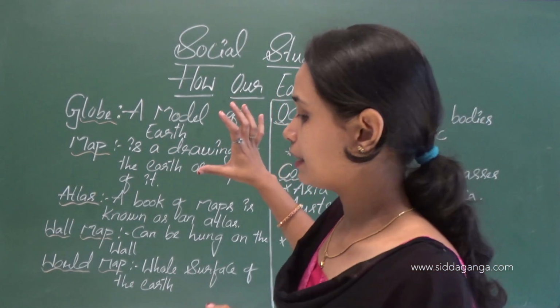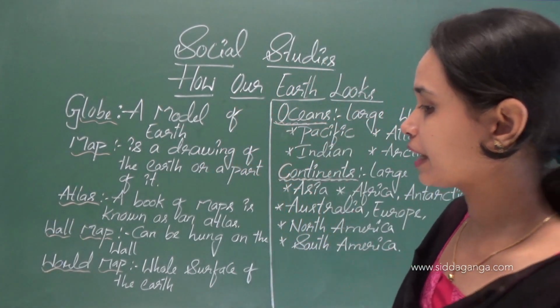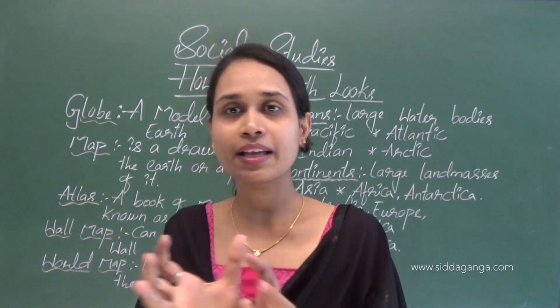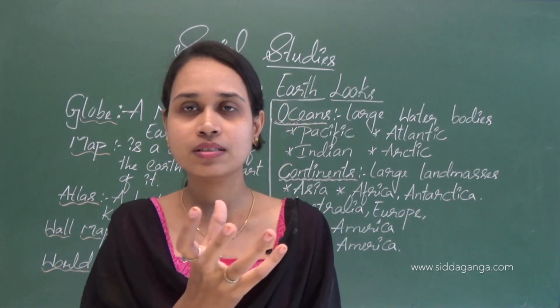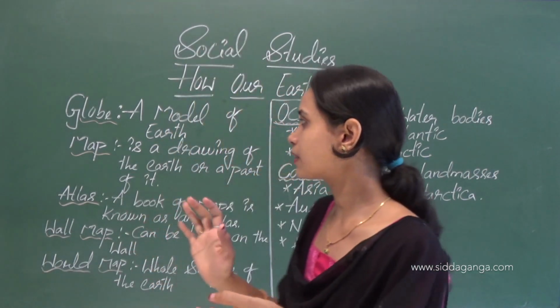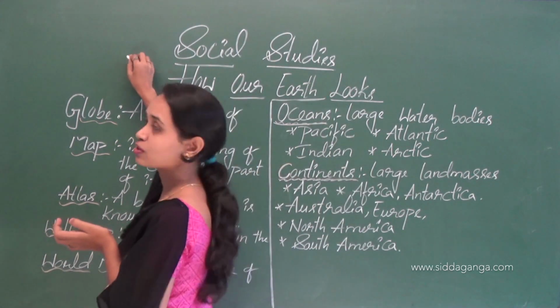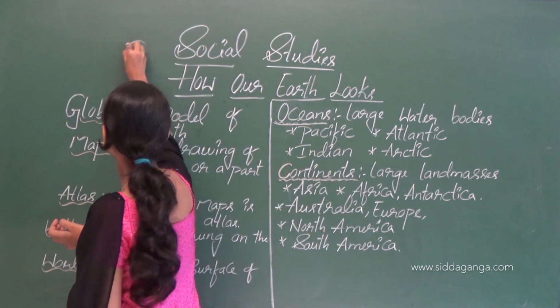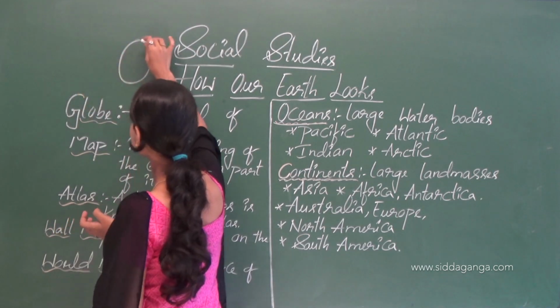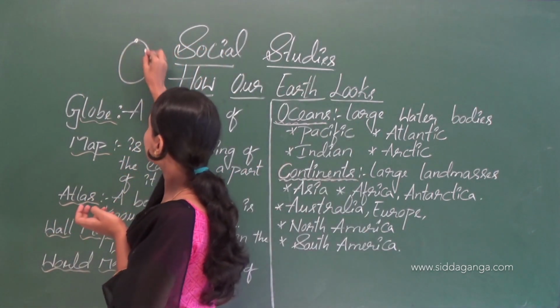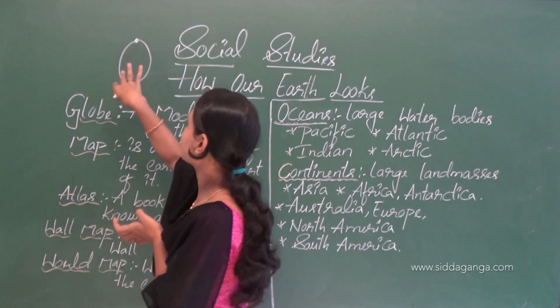Here it is fixed on a point and can be rotated on its axis, just like the Earth moves. Like that, the globe also has an axis point, which makes it easy to rotate.